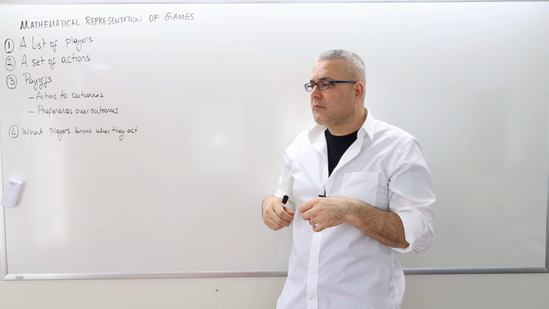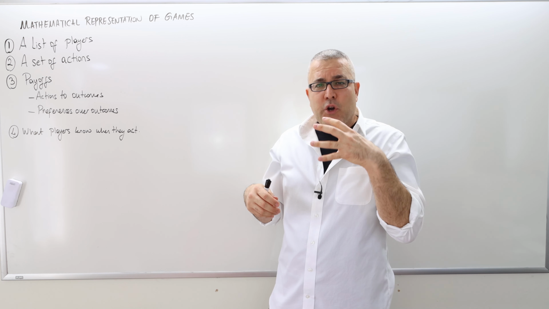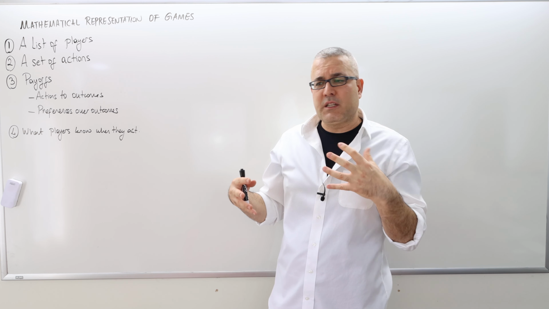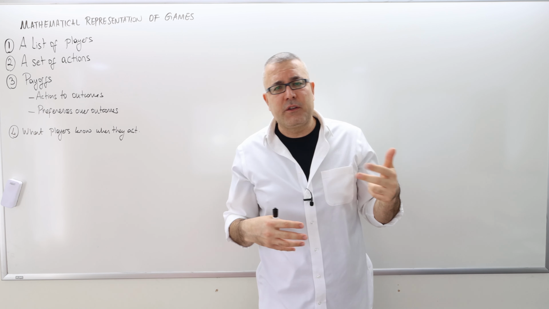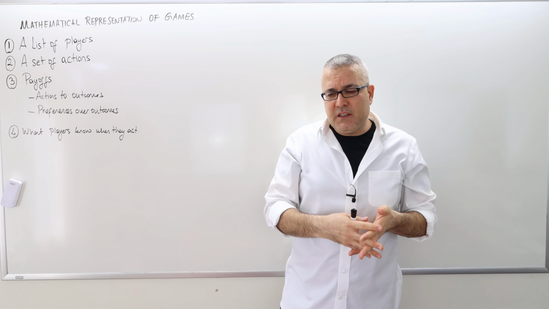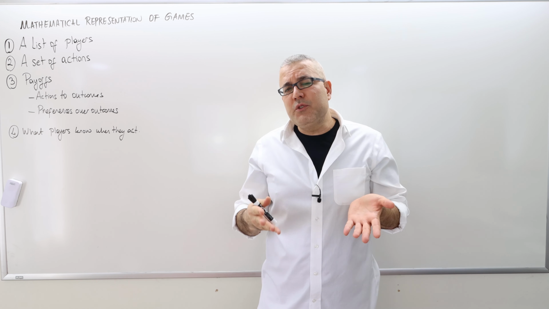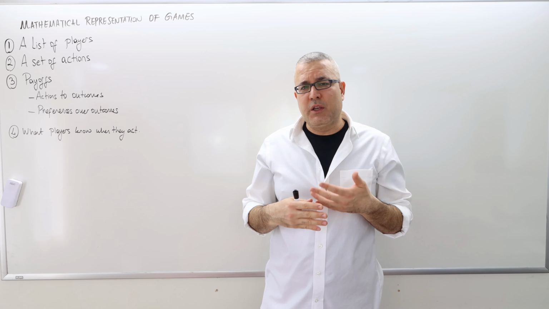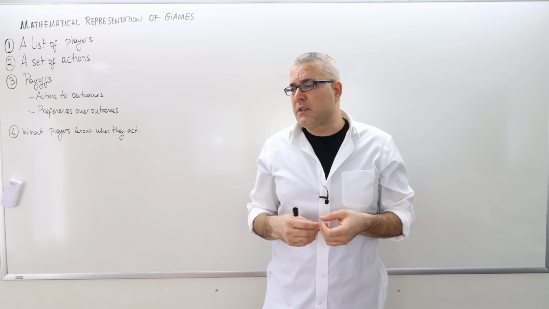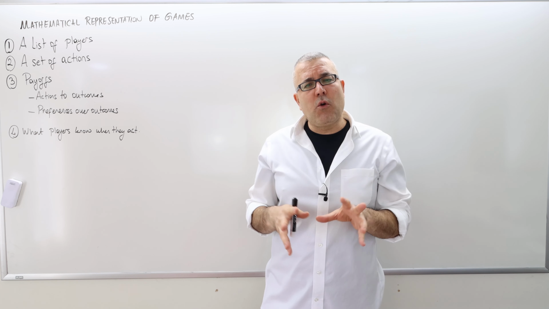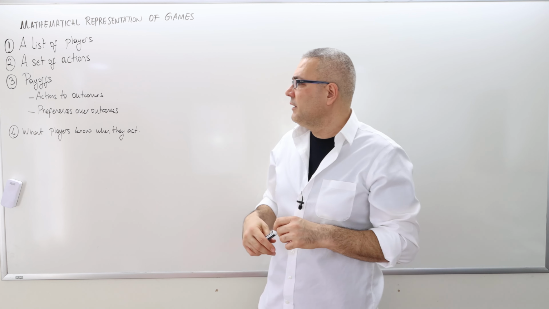Then the agents should have some preferences over the outcomes, like which outcome is the most preferable, second preferred, third, etc. So basically some sort of ranking over the set of outcomes. Usually we use a utility function, or a profit function if the players are firms, but nevertheless we're going to call those preferences over outcomes payoffs, all right?